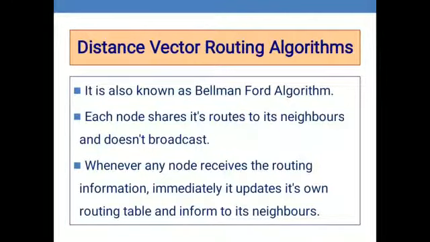The routing table consists of the distance vectors of the neighboring nodes, that is, whatever the neighboring nodes are and the weights from that node to the neighboring nodes. Whenever any node receives information from any router, it immediately updates the routing table and informs its neighboring nodes also, because the neighboring nodes also update the information.